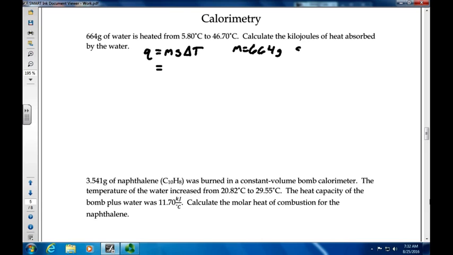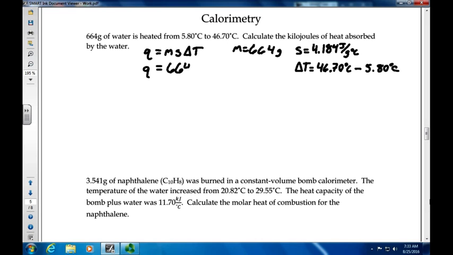That's something you can look up in your book, and you should probably memorize over a period of time, but it's 4.184 joules per gram degrees C. And then our delta T is simply going to be our T final minus T initial, which is 46.70 degrees C minus 5.80 degrees C.